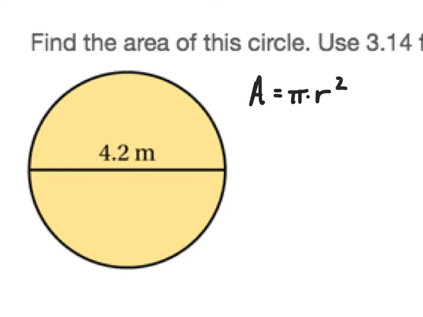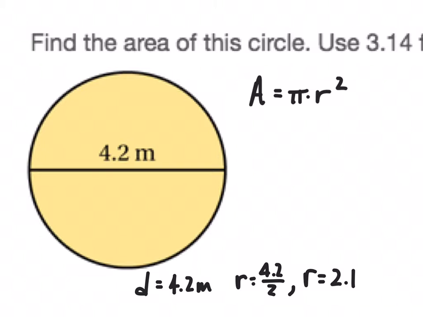What you're given here is the diameter, 4.2 meters. If we want to find the radius, we just take 4.2 and divide it by 2, which gives me 2.1. So my radius here is equal to 2.1.